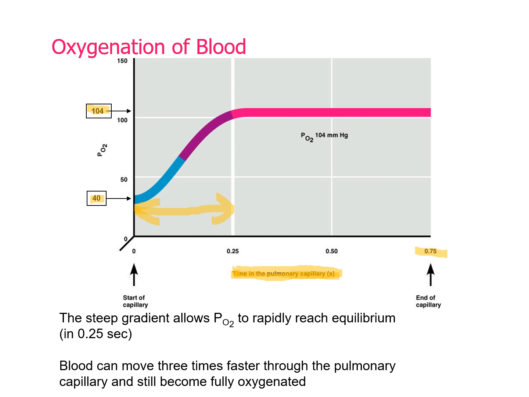It just takes that first third and it's already fully saturated. If for whatever reason the PO2 was lower, or the blood was moving faster through, it would still get fully saturated. Even if it moved 3 times as fast, it would still get fully saturated.